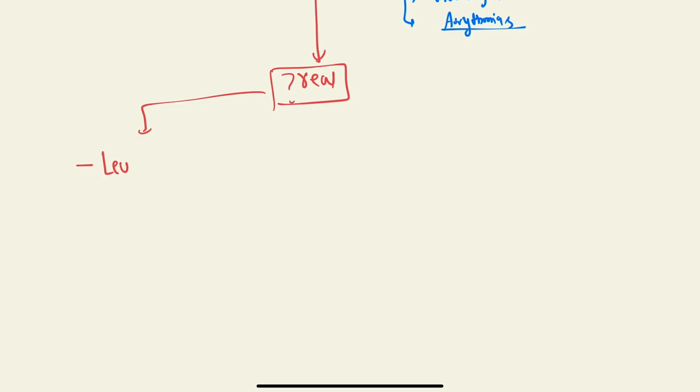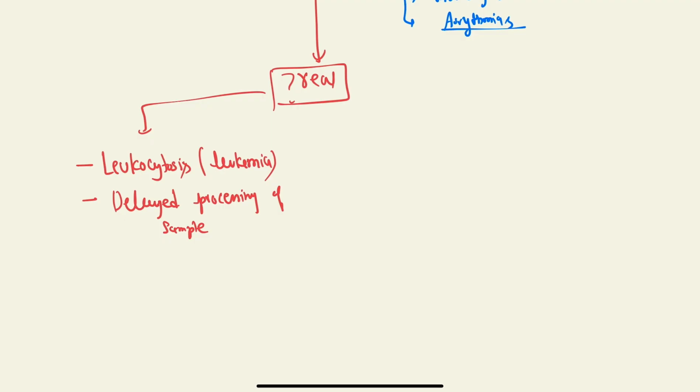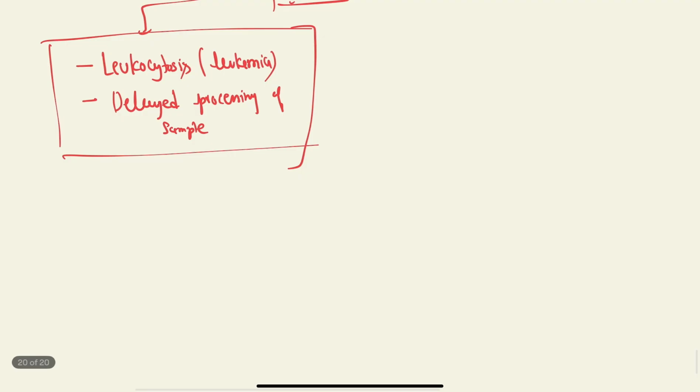If you find leukocytosis, which can be due to leukemia, or delayed processing of the sample, it can also cause hypokalemia. If these conditions are there, then it is pseudohypokalemia and no further workup is required.